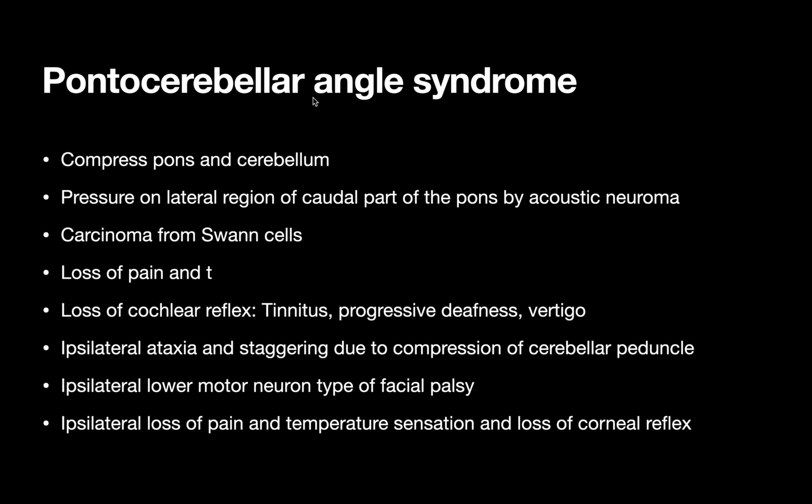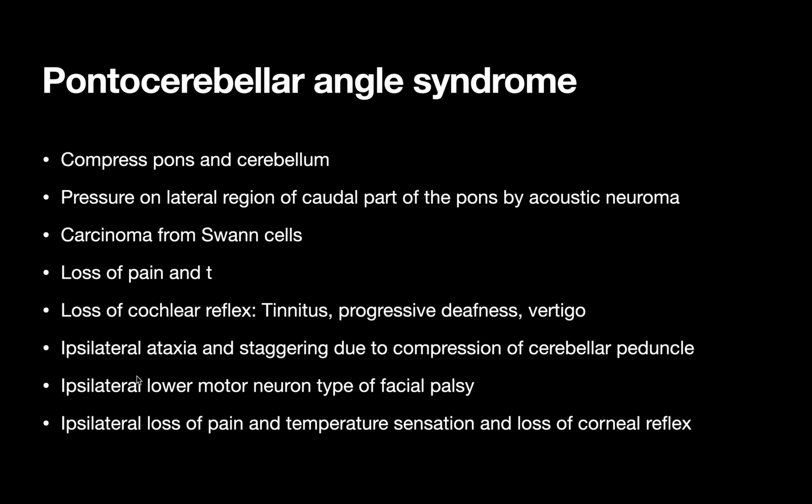It's going to press onto the caudal part of the pons, and that's going to affect the lateral lemniscus. So there's going to be a loss of pain and temperature sensation. There's going to be a loss of hearing, of course, because it's in the acoustic canal. So the person is going to hear tinnitus, so constant ringing, progressive deafness as it gets larger, and vertigo because the vestibular nerve is going to be affected.